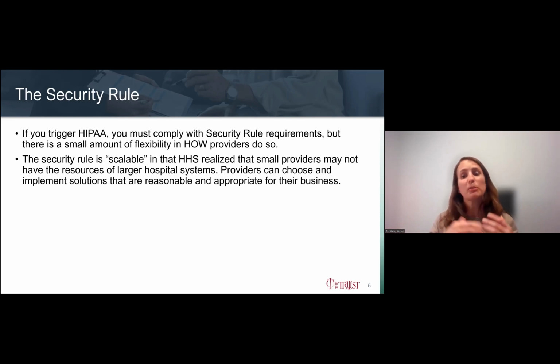What is appropriate for a solo practitioner may not be the same as for a small group practice that has 4 practitioners. There are different things you have to consider. The covered entity has to decide which measures to use, but the rule allows that flexibility because it doesn't dictate specific measures. It gives you more of a framework to work within.